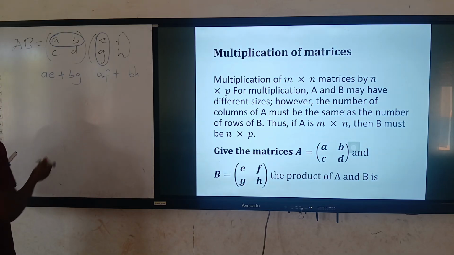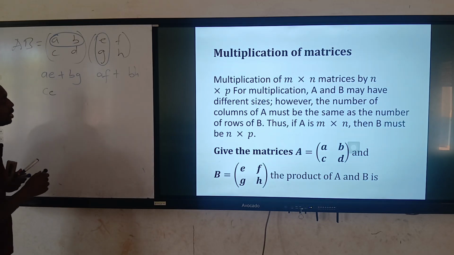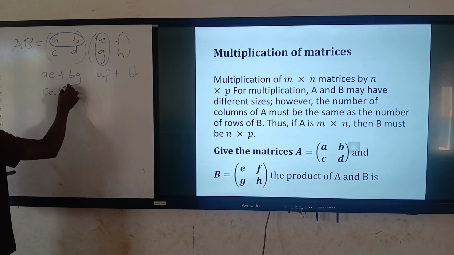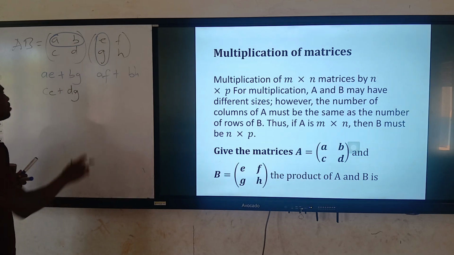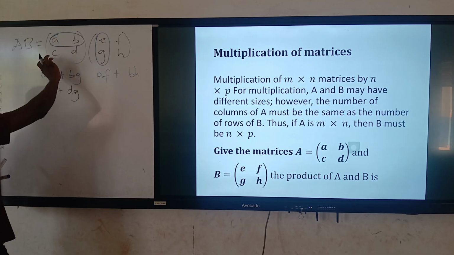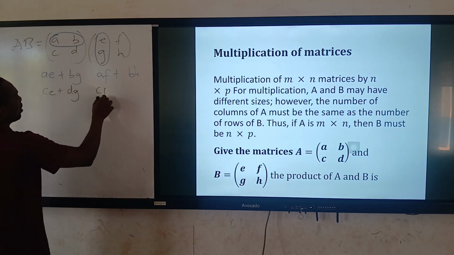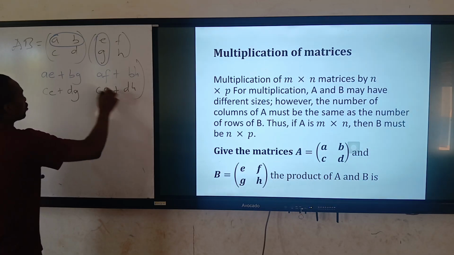So C times E gives CE, then plus DG. Then take the same row and multiply by the next column, so I get CF plus DH. So this becomes the answer.